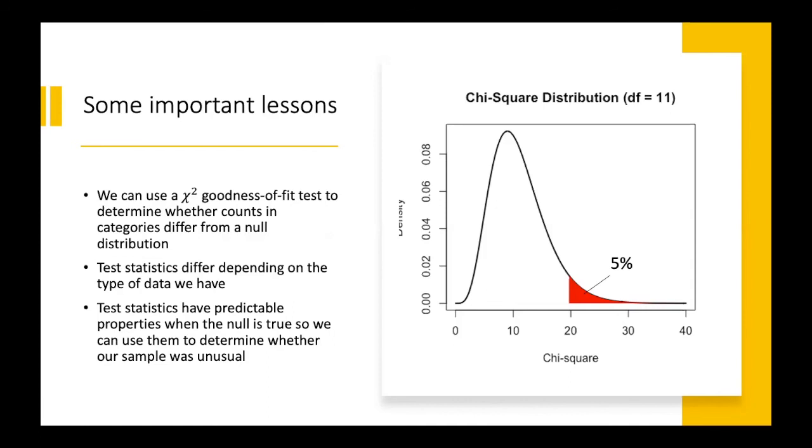And so we can use these calculated test statistics to determine whether our sample was unusual or not relative to what we would expect from the null hypothesis. So in this case, when we have counts of the number of observations in different categories, the appropriate test to use to determine whether the distribution of those counts across the categories is unusual relative to our null hypothesis is the chi-squared goodness of fit test.